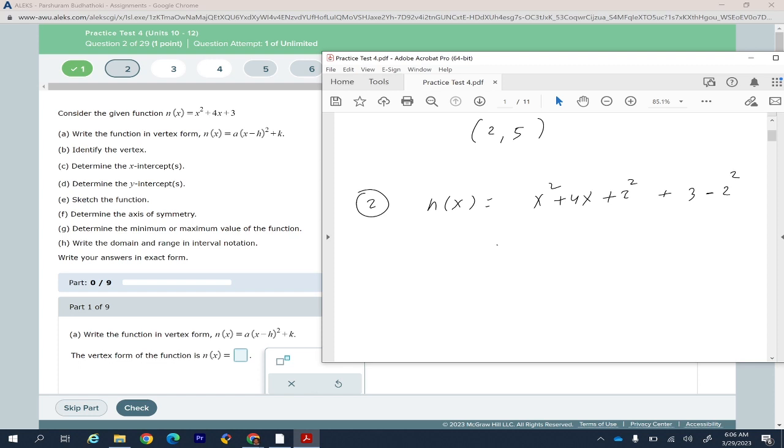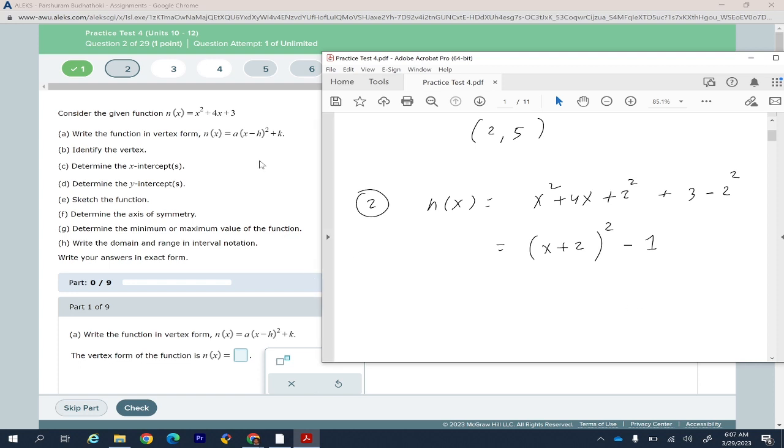By doing that, for the first 3 terms, you can write (x + 2)^2. That's called completing the square. Either you write x^2 + 4x + 2^2, or you write (x + 2)^2. That's the same thing. You do the calculation here, which is 3 minus 4, so it's eventually -1.